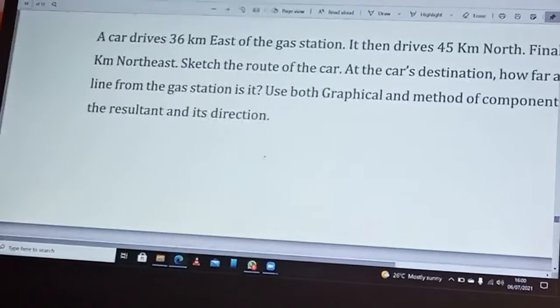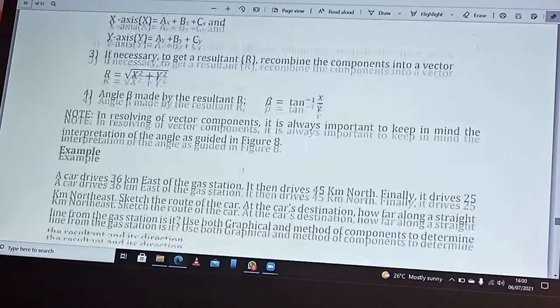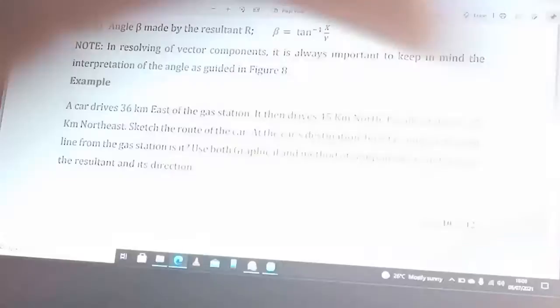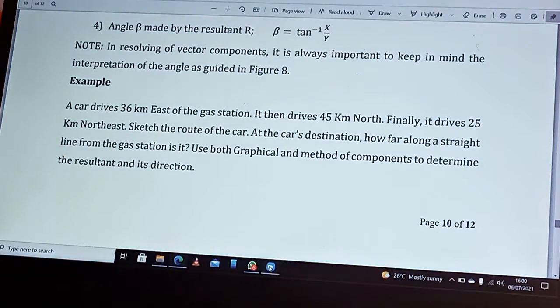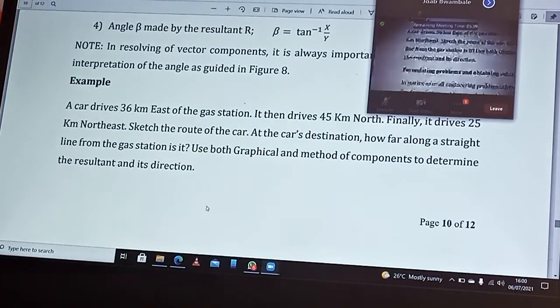And then after that, you match the point from where the car started and the point where the car stops. That is the graphical method. Then it tells us the result.